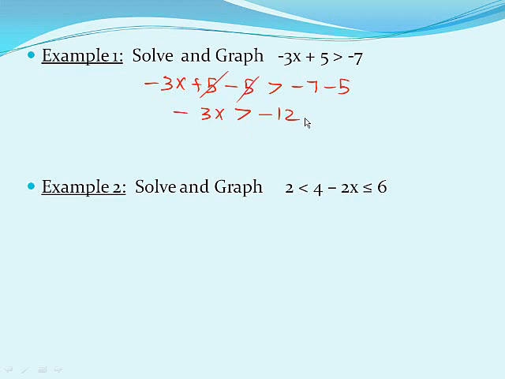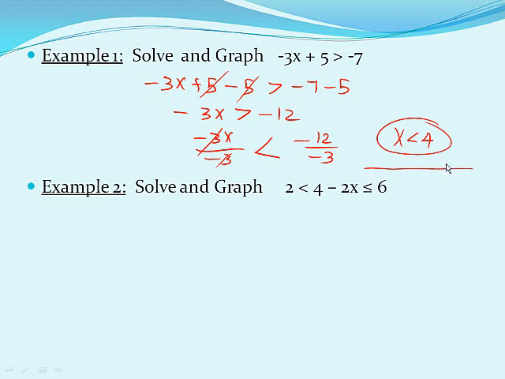So to get x, I need to divide both sides by -3, and dividing with a negative number, therefore the inequality will be reversing, and this simplifies to x on one side and 4 on the other side. So we get x < 4 as the solution, and we get the graph form.